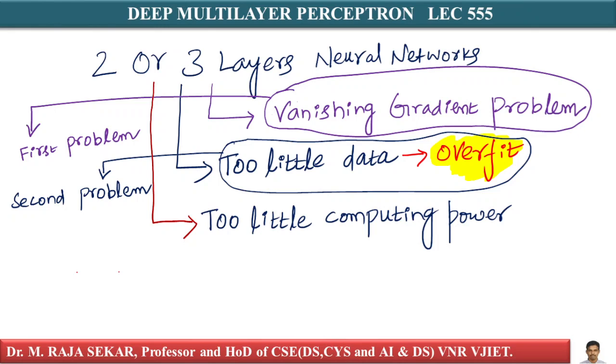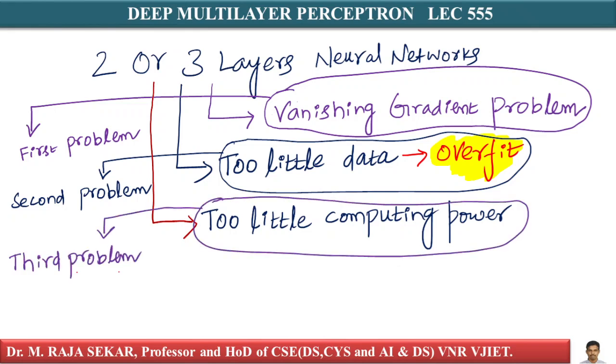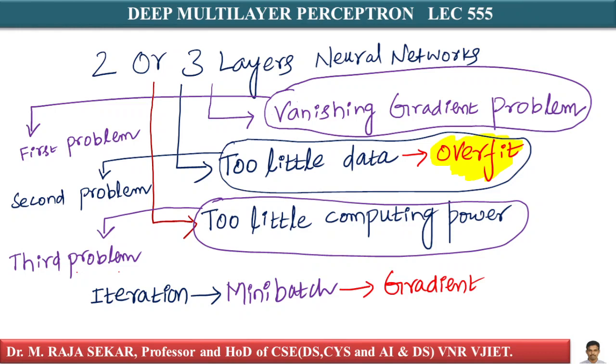too little computing power. Remember, when you have thousands of weights in a deep neural network, updating these in every iteration, what do we have? We have a mini batch of data that you send through the network, and you compute your gradients or derivatives using this mini batch, and then you update your weights using those gradients.